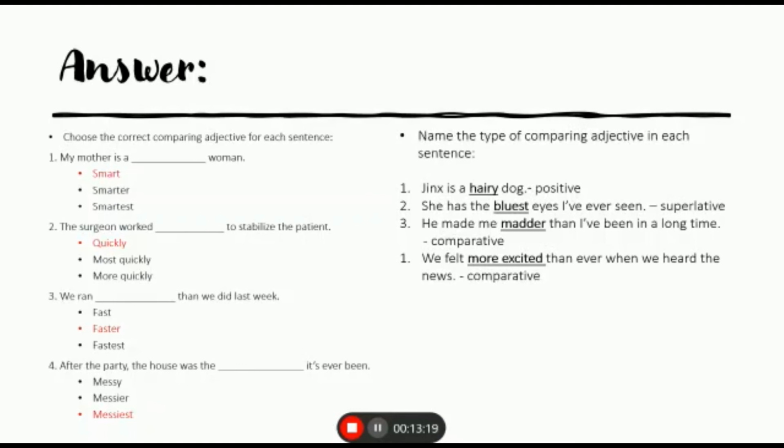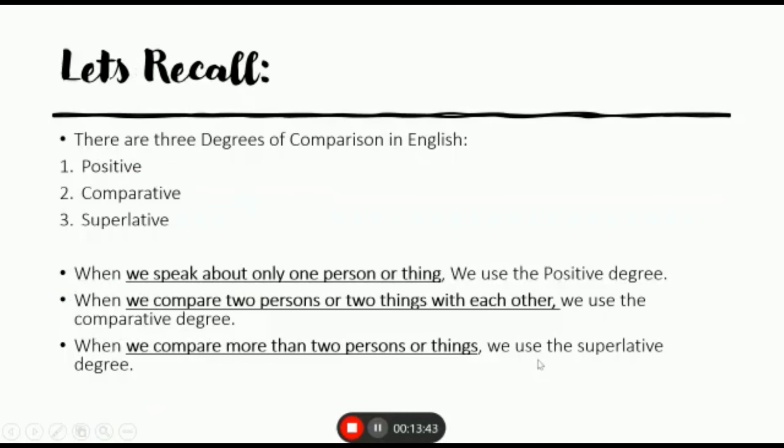Hairy is a positive form. She has the bluest eyes I have ever seen. It's a superlative form. He made me madder than I have been in a long time. Comparative, madder. We felt more excited than ever when we heard the news. More excited, it's comparative. So this completes your practice work.